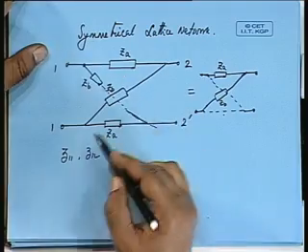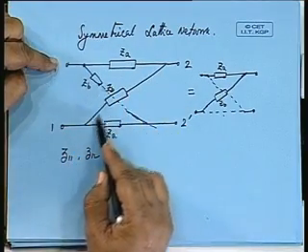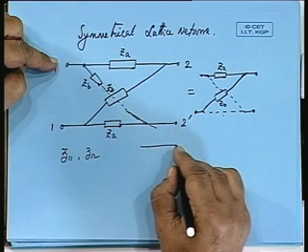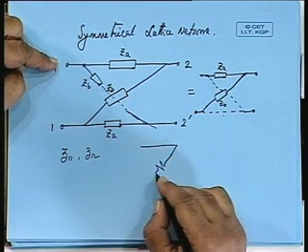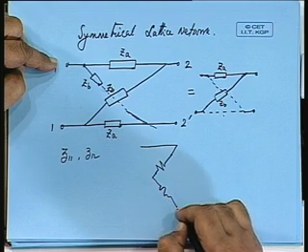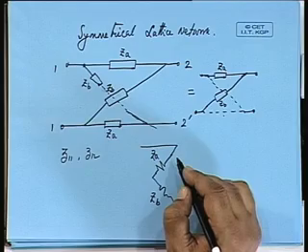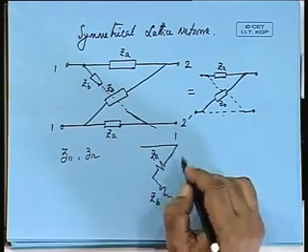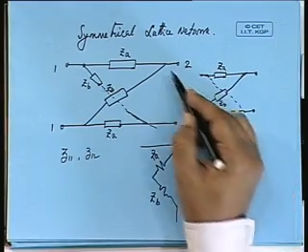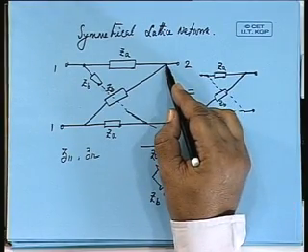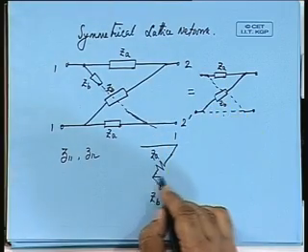If you look at this network, one side is ZA and ZB. So, I can show it like this, ZA and ZB. The junction is 1. From ZA, the junction of ZA and ZB, this is 2.